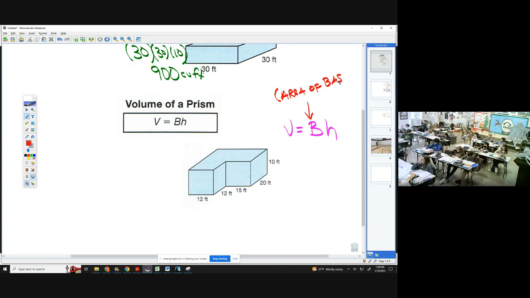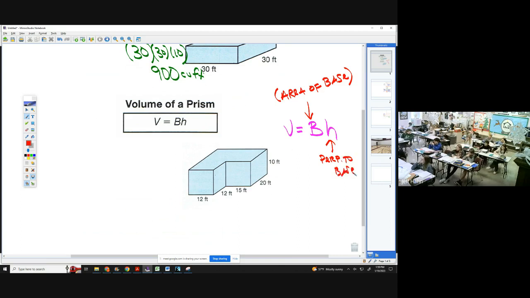And in math, when you have B and H next to each other, like in a triangle, base times height, what had to be true? They had to be perpendicular or form right angles with each other. So the letter H has to be the side that is perpendicular to a base.